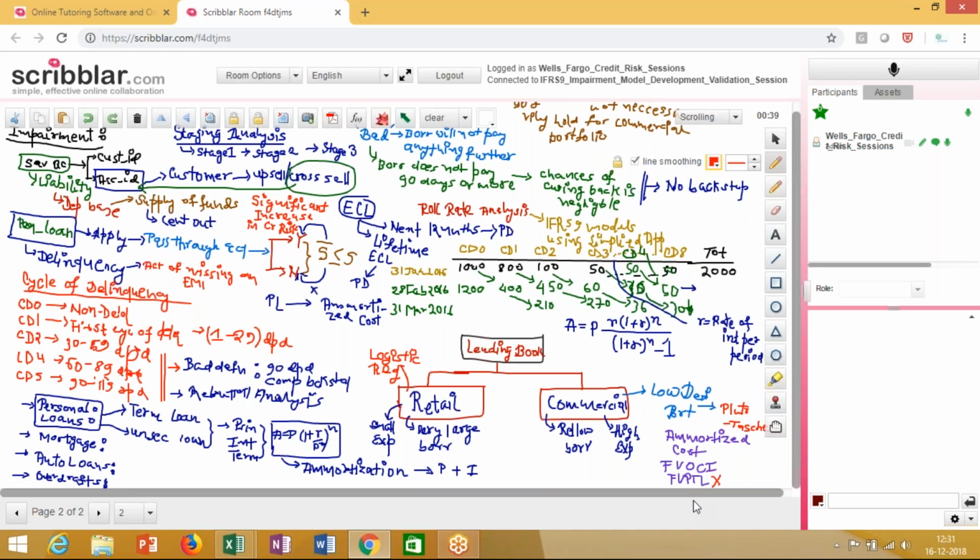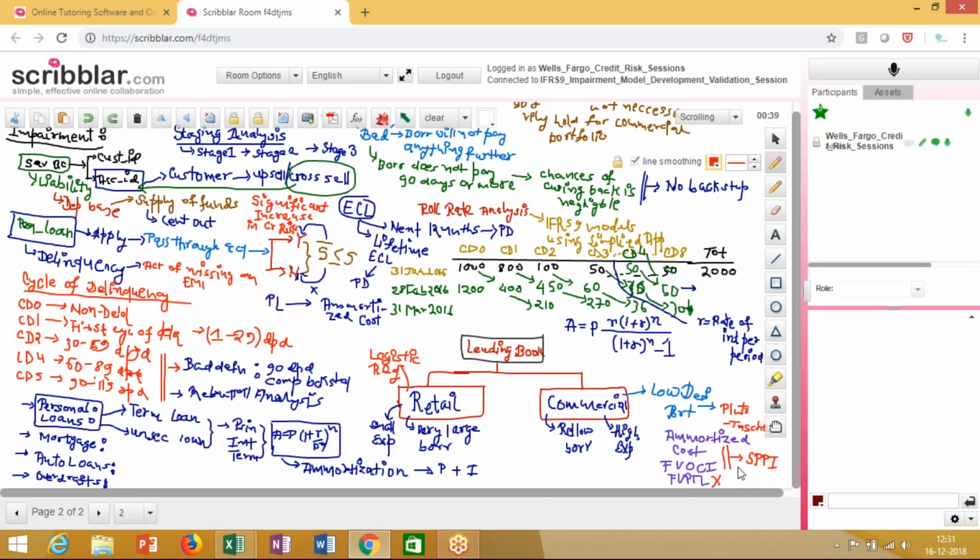So over here, what is so specific about these two groups of assets, amortized cost and FVOCI? They satisfy the SPPI criteria, which is the sole payment of principal and interest.